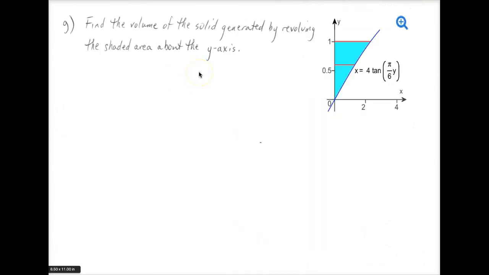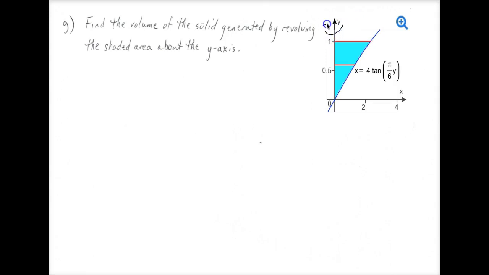All right, so for this next example, we're asked to take this area that's in between the y-axis and this curve here, x is equal to 4 tangent of pi over 6 times y, and we want to rotate this shaded area about the y-axis here.